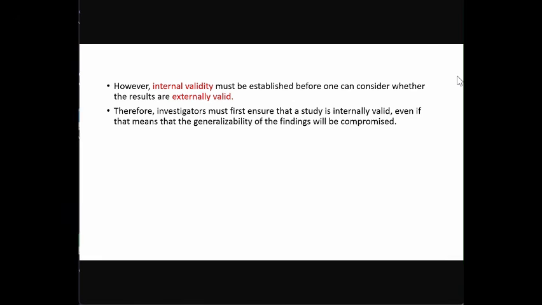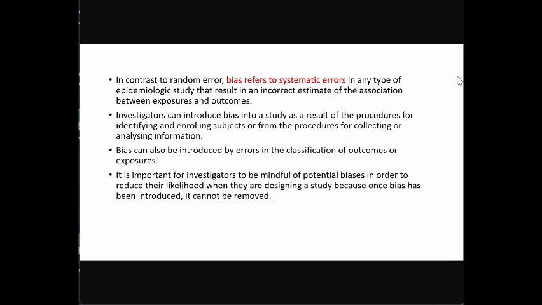Whether it will be generalizable or not is a second ball game. Let it be, first, internally valid, which means all the good steps to conduct a good study are followed.